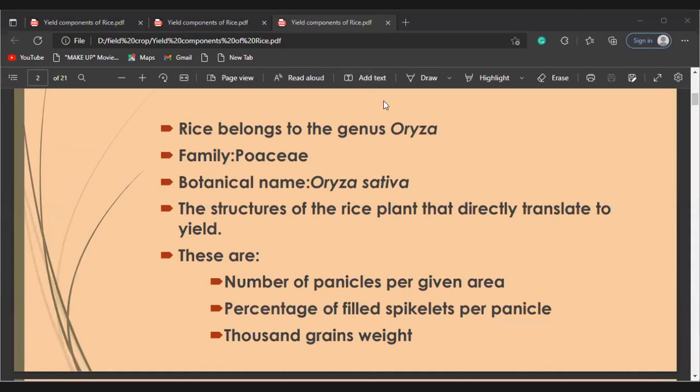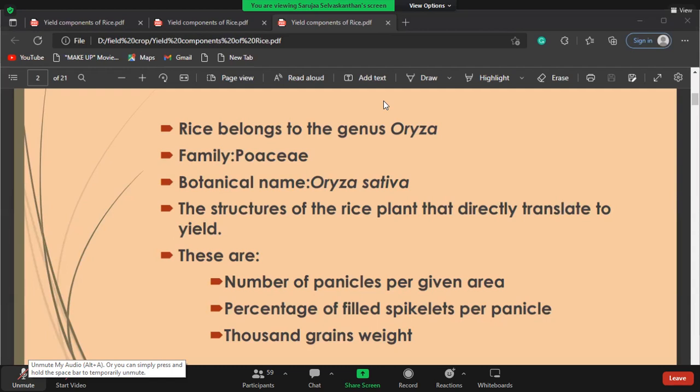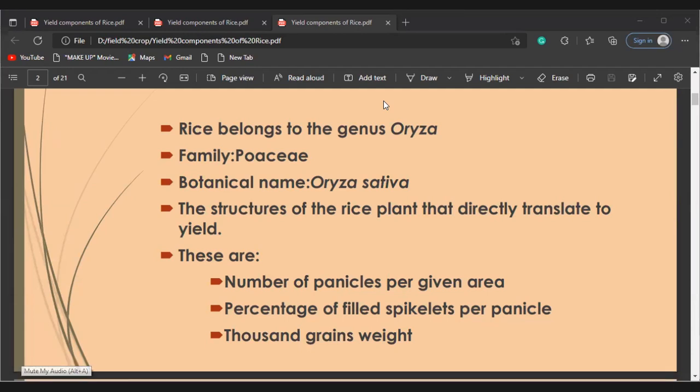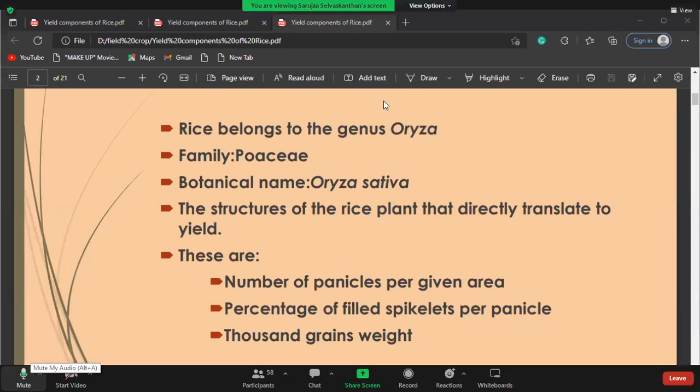What is 1,000 grain weight? What do you understand by weight?